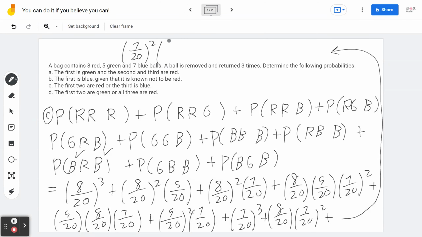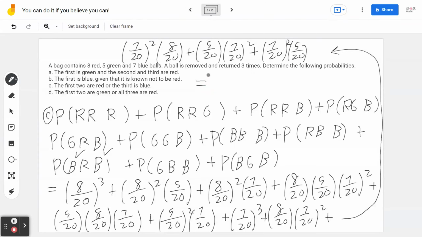Red is the one in the middle, which is going to be 8 divided by 20, plus green, which is 5 divided by 20. Blue is going to be 7 divided by 20 squared, plus, here's the final case, blue is going to be 7 divided by 20, and I have 2 of these, so I'm going to square that one, and 5 divided by 20.